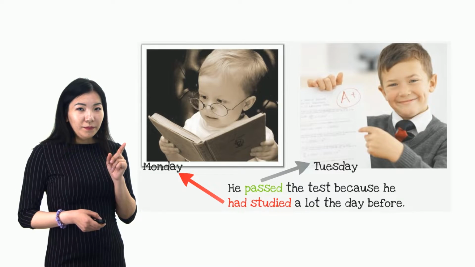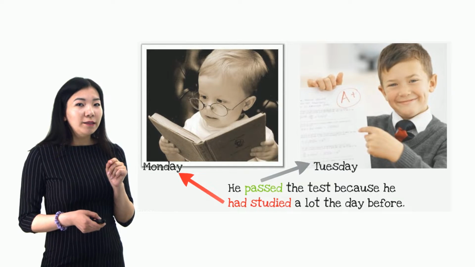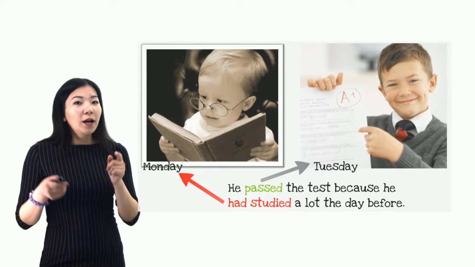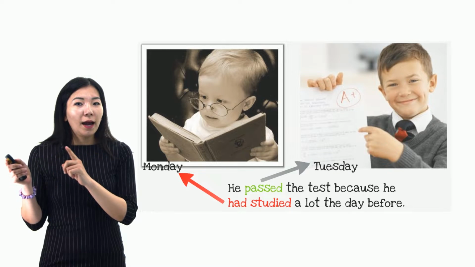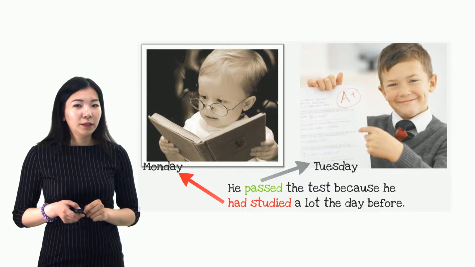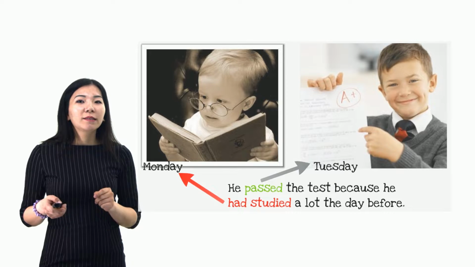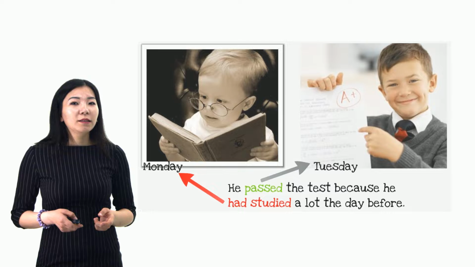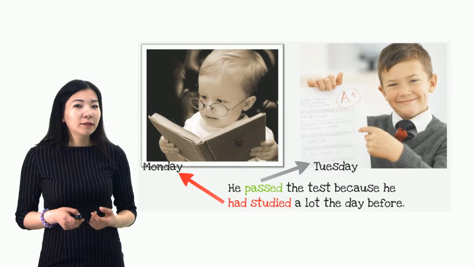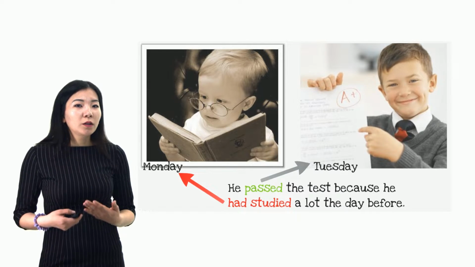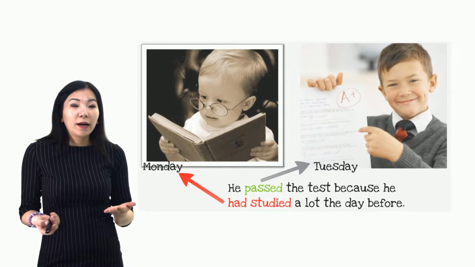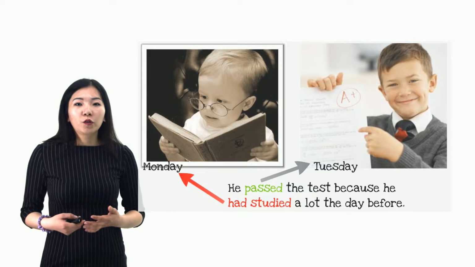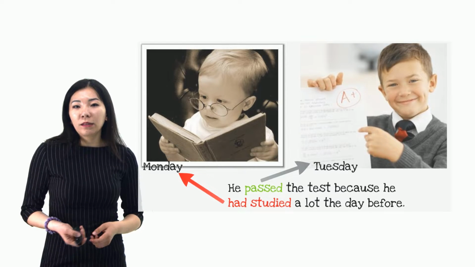As you can see, the sentence in the past perfect, he had studied a lot the day before, happened first. And then the sentence in the past simple, he passed the test, is the second event in the past. This sentence is an example of using the past perfect to show the cause of the past action. So, in this sentence, the past perfect is showing the reason why he passed the test.